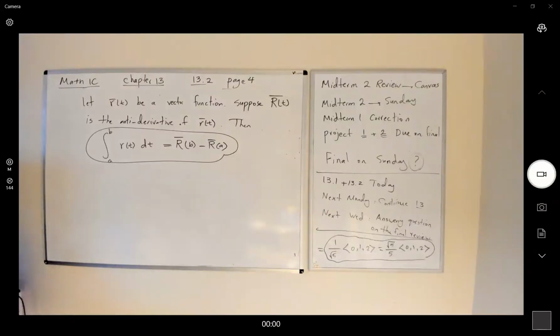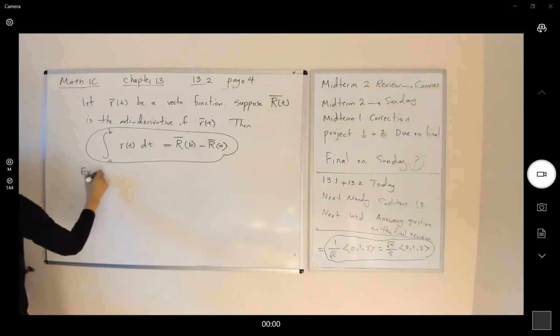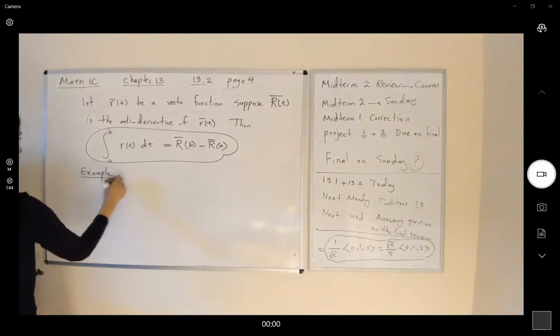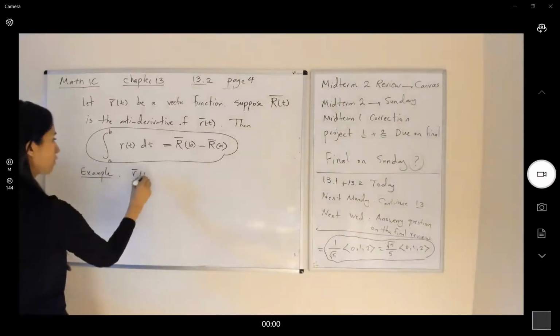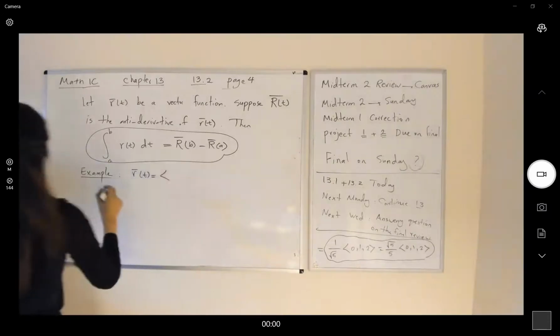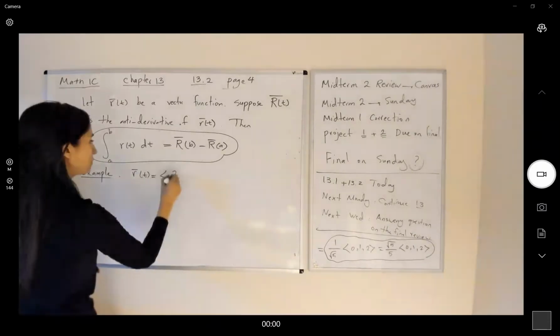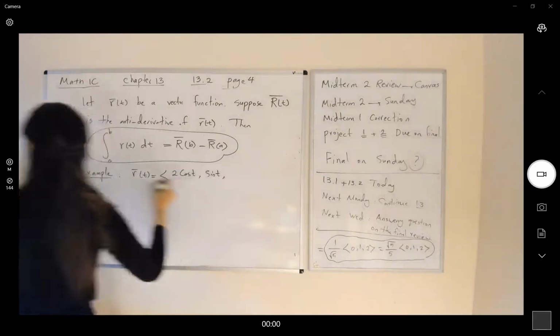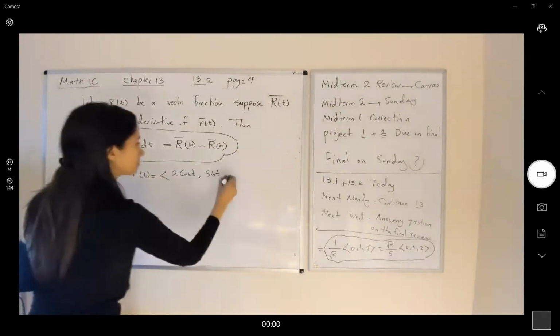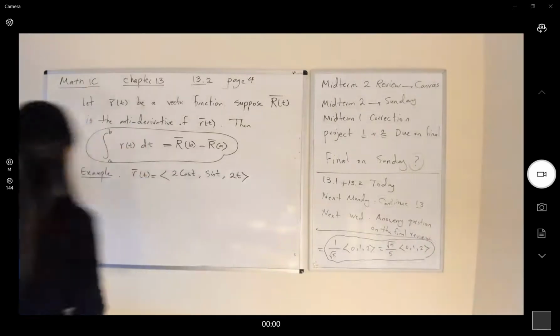Very well, let us go over one example. This example says, suppose your vector function is defined as 2 cosine t, sine t, and 2t. Very well.